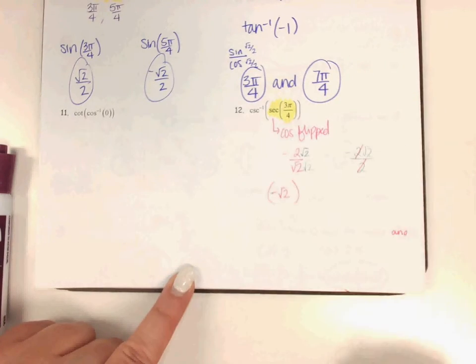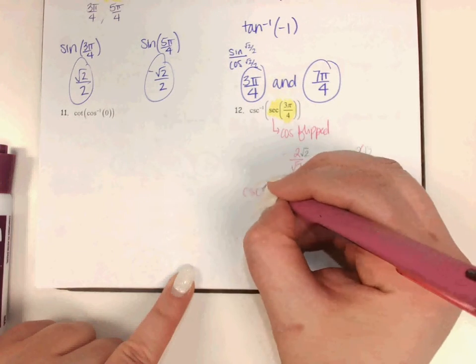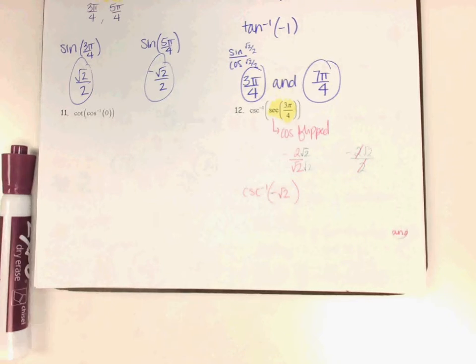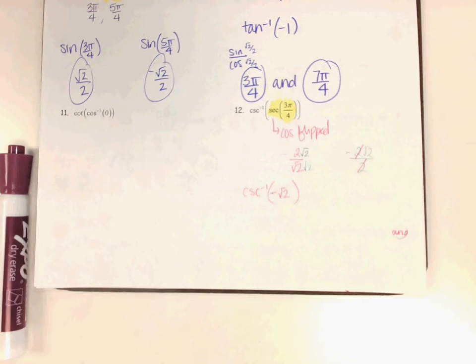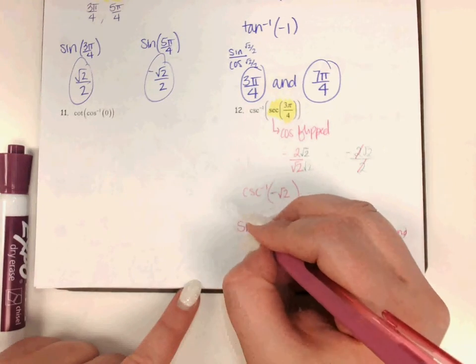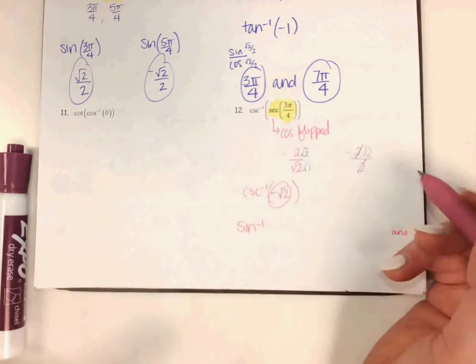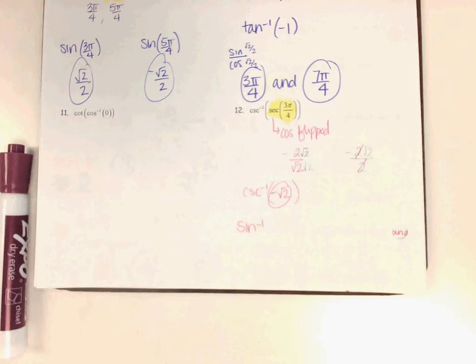What am I plugging that into? Cosecant with a negative 1. And if it's a cosecant, what do I have to flip? So it'd be the inverse sine of this flipped. Now, quick question. I fixed this before, but if I had left it like this, when I flip it, is it already fixed?